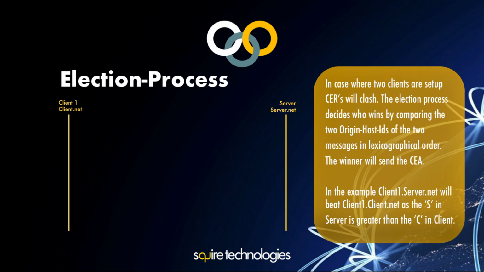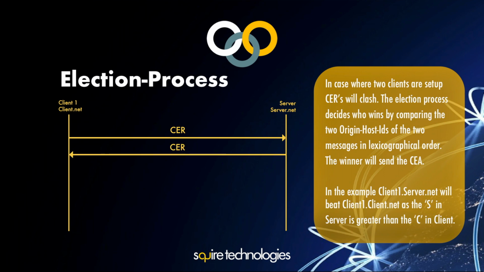So they have this concept: if you were both clients, and you're both connected into your listening sockets on the server side, when you did your CER exchange, you want to only have a winner, so you have this election concept.